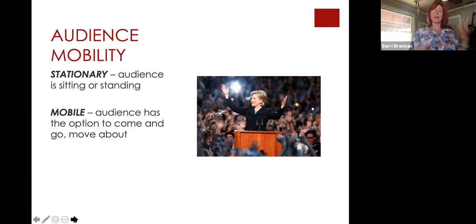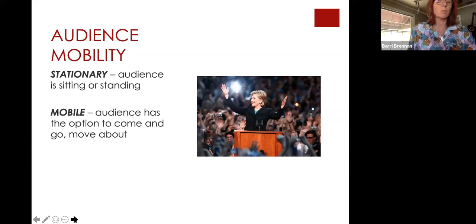Don't do movement just for the sake of movement, but using your whole body in the speech will make a difference. You don't need to do that as much when people are stationary, because they're listening to the words and you're able to make more eye contact with people.